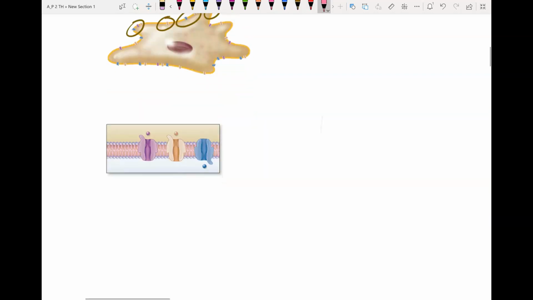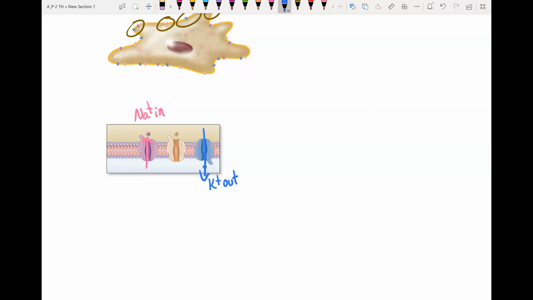So here, the pink is sodium. And you can see sodium comes in. So you're going to have sodium in. And here is potassium going out. This part is the same as neurons. It's what you learned in chapter 12.